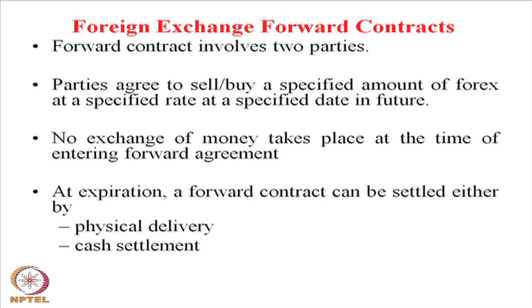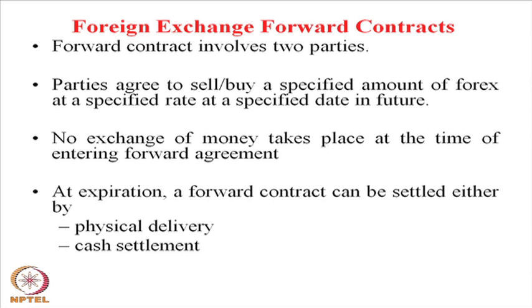The two parties here are the exporter and the authorized dealer. The exporter goes to the authorized dealer and purchases a forward contract to immunize its position, and there is a contract between the exporter and the authorized dealer, the two parties involved here.